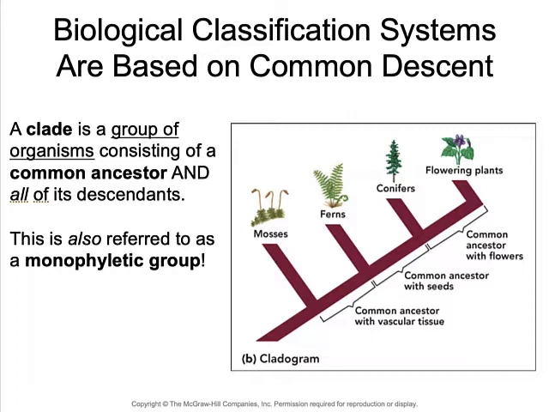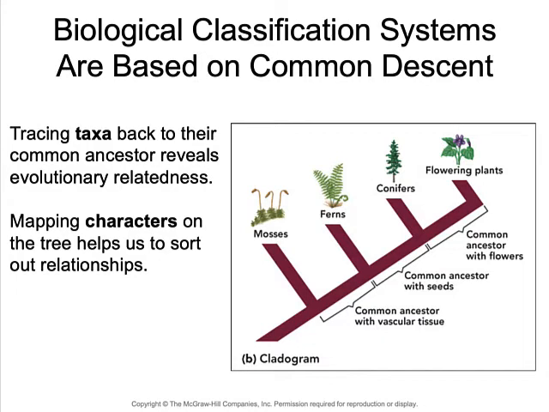We cannot refer to a group of species or organisms as a monophyletic group unless we can include all of the organisms found at the tips of these clades and the common ancestor. Tracing these taxa back to their common ancestor often reveals their evolutionary relatedness. Further, we can map characters on this tree of life that helps us sort out relationships. And in this instance, characters refers to the characteristics or traits that these organisms have.